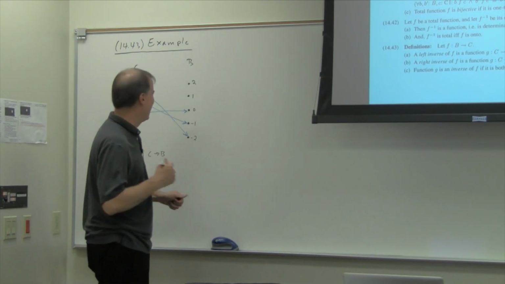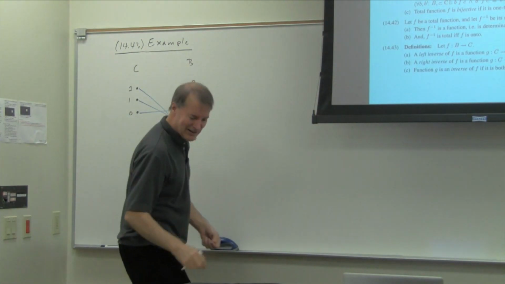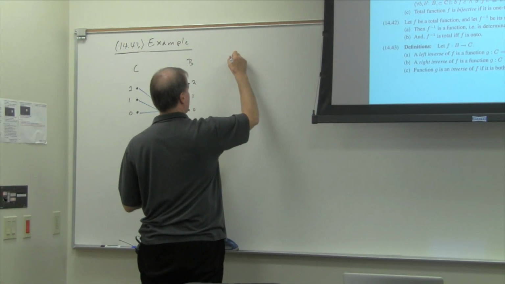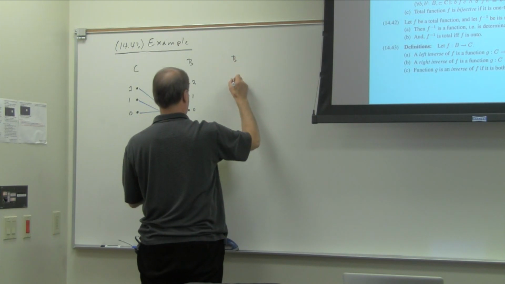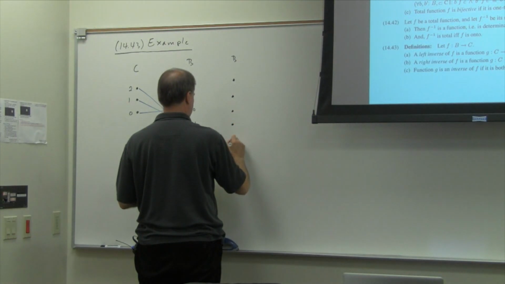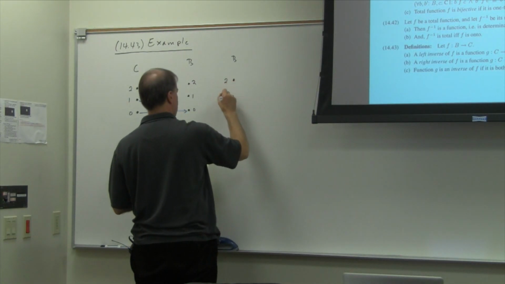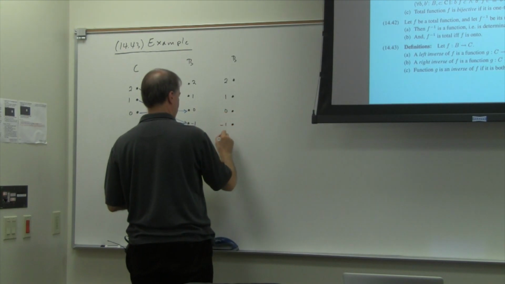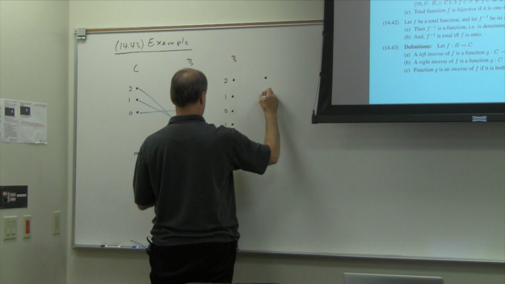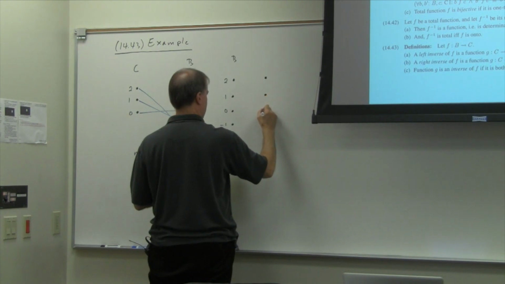Yes. Okay, so now let's take from B to C. Now let's have another function, and for B here we're going to do 2, 1, 0, negative 1, negative 2, and C is here: 2, 1, 0.